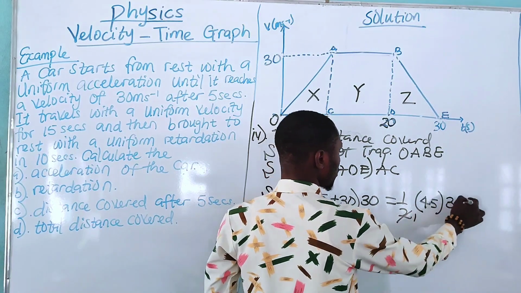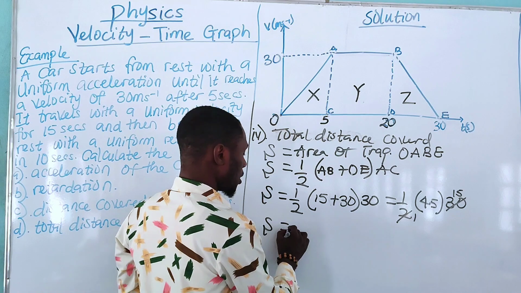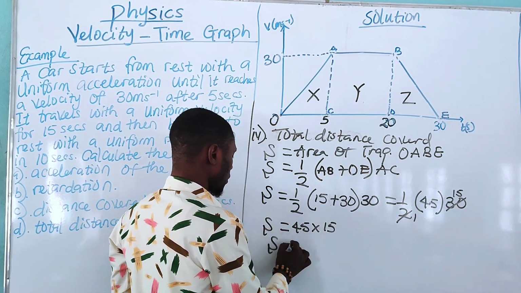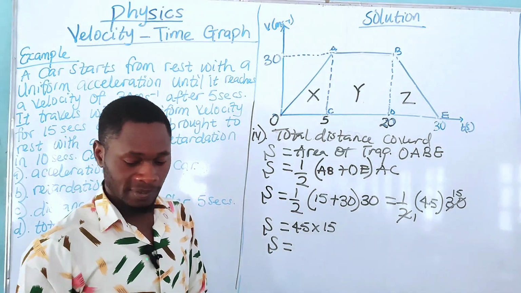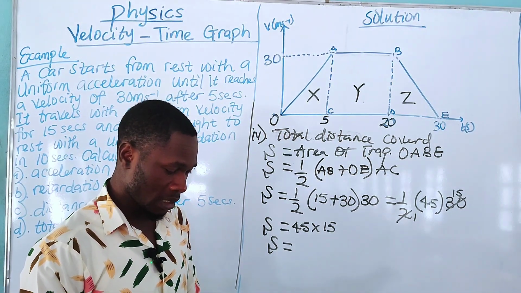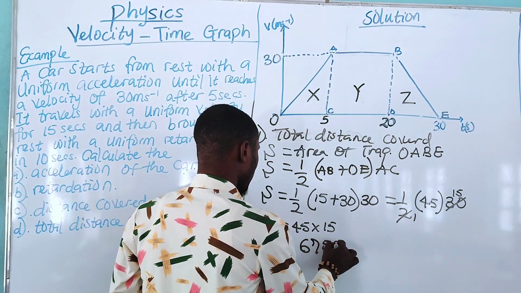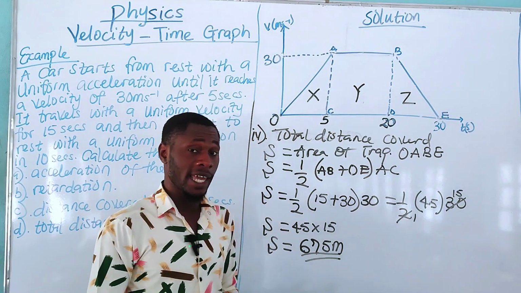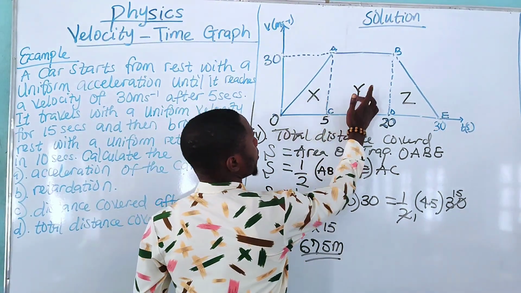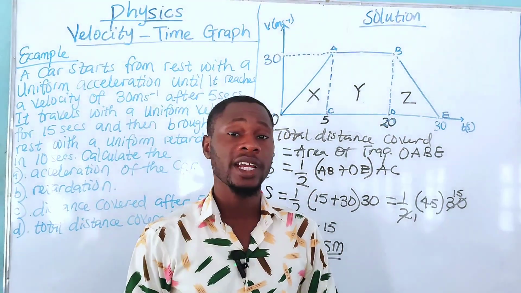So our distance becomes 45 times 15, which equals 675 meters. This is the same as what we had earlier, where we added the respective distances or areas of the different shapes.